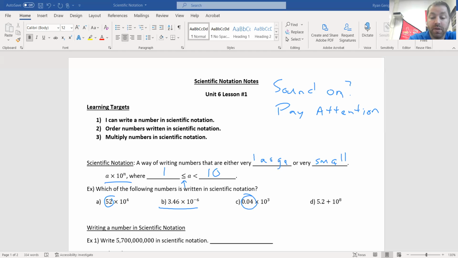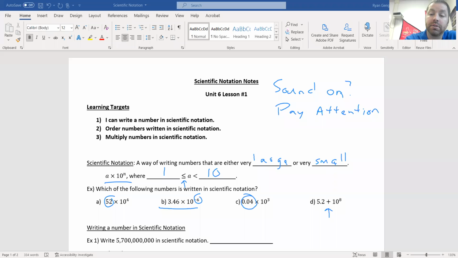That's why A and C are out. D, what's wrong with D? It's the plus. Scientific notation always has multiplication, which is why B is your correct answer. Notice that n can actually be a negative exponent. That's totally fine.